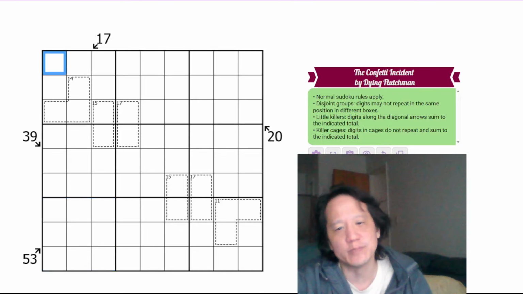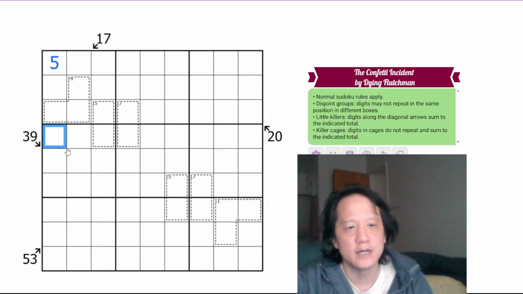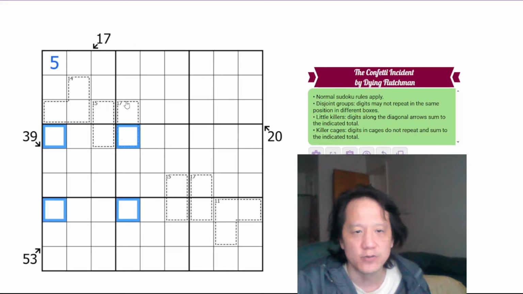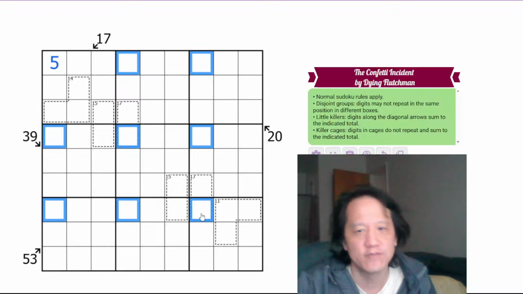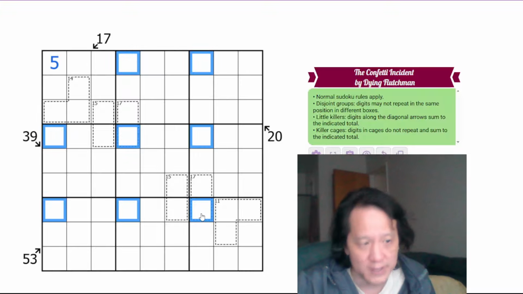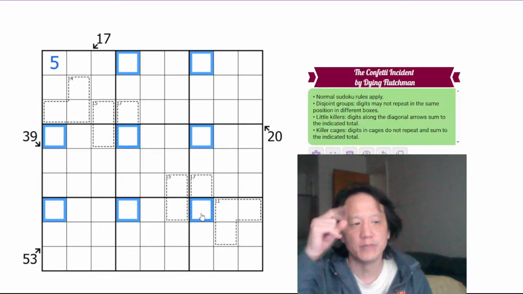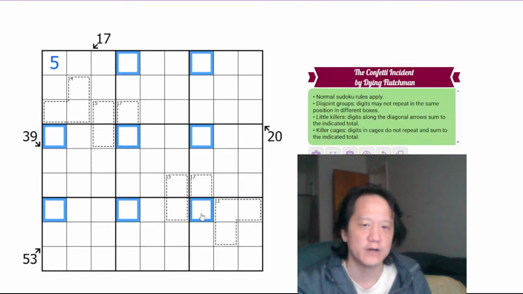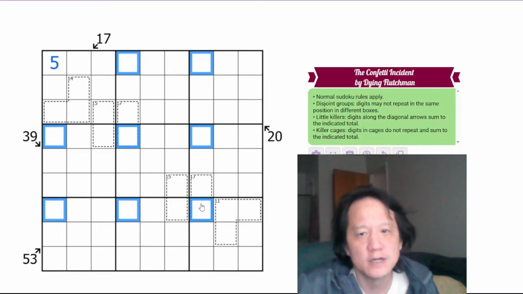So, for example, if there was a 5 here, that means in the upper left position of every other box in the grid, you cannot have a 5. So there are no repeats in the same positioning in a box, I guess is a way to put it. And that's an example of how disjoint groups works.